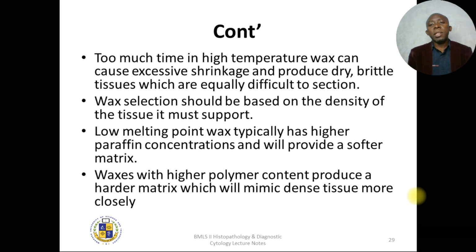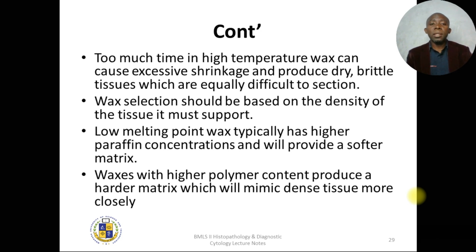So too much time in higher temperature wax can also cause excessive shrinkage and produce dry, brittle tissues, which are equally difficult to section. So appropriate time needs to be given so that we don't under or over infiltrate. So wax selection should be based on the density of the tissue it must support.